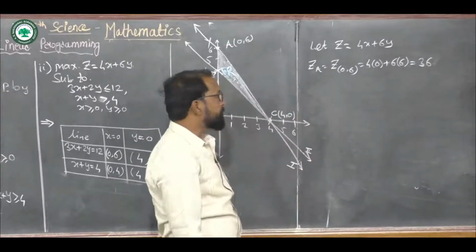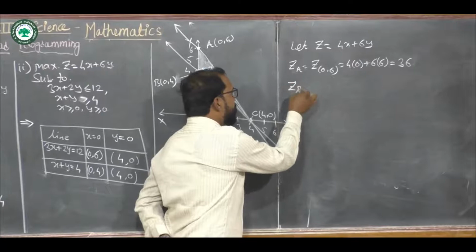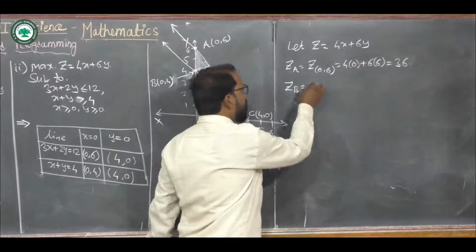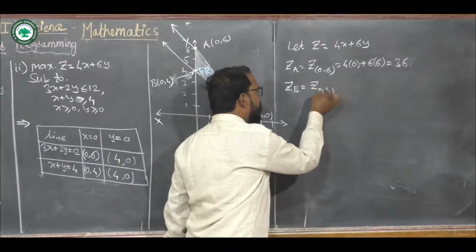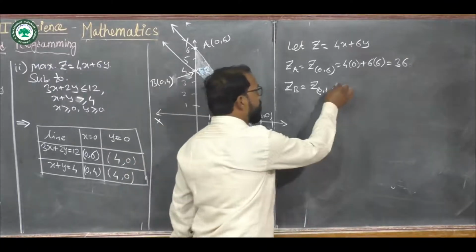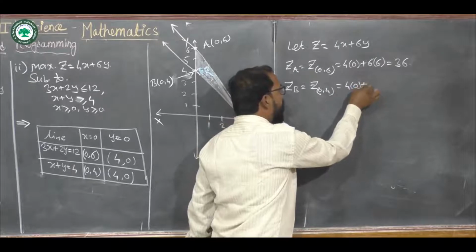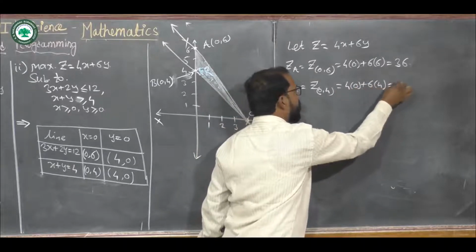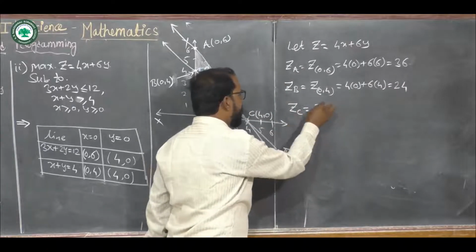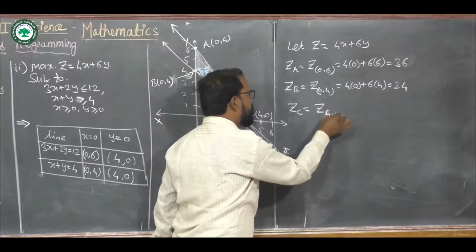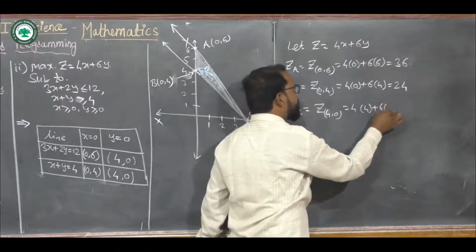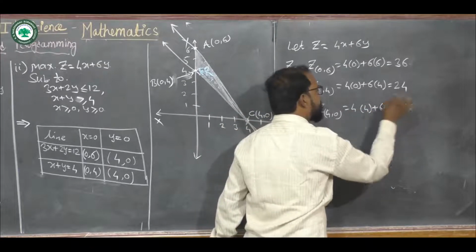Similarly, z at B, the coordinates of point B are 0, 4. So z at 0, 4, putting x as 0 and y as 4, we get 24. And next one is z at C, that is z at 4, 0. So it gives 4 into 4 plus 6 into 0, that is 16.